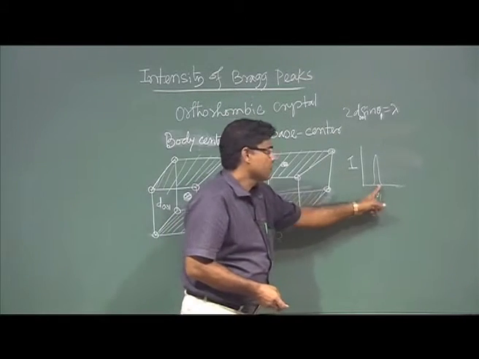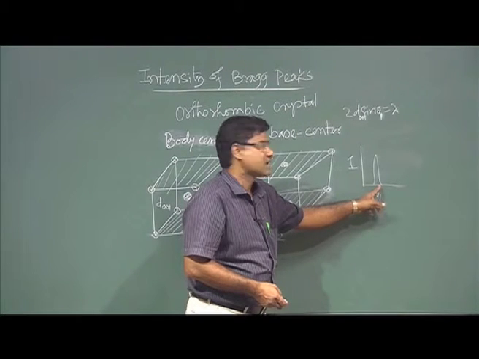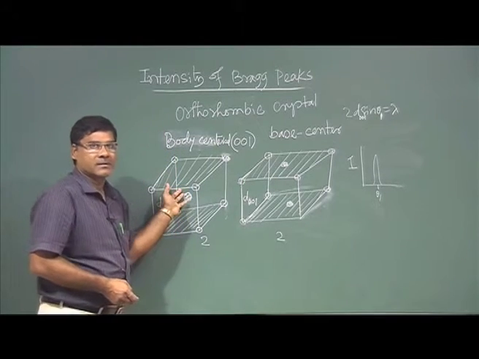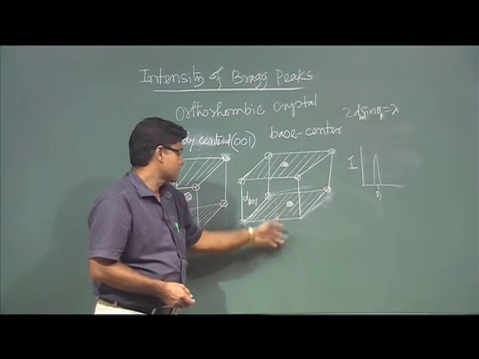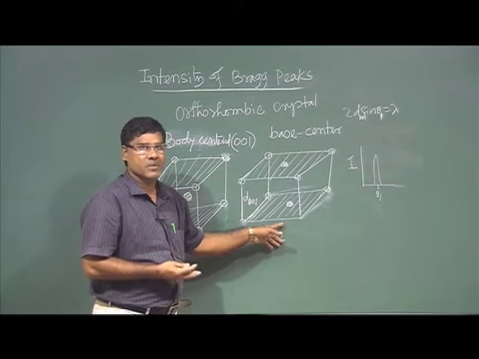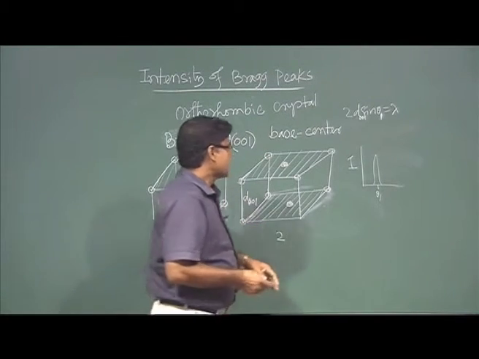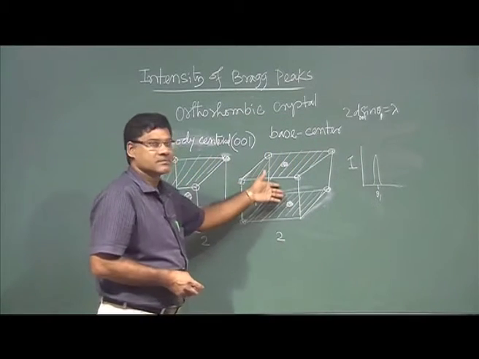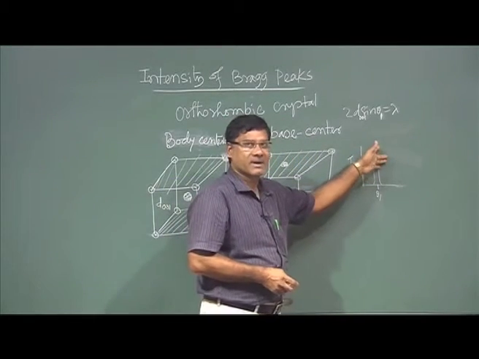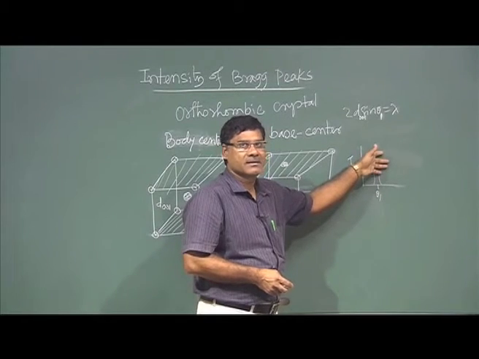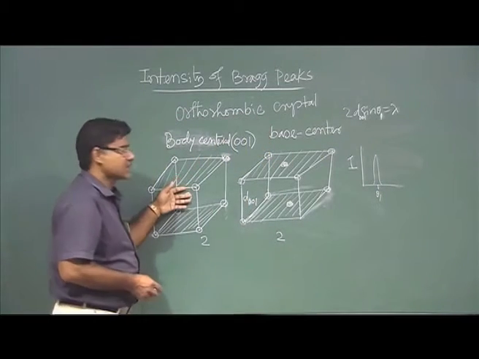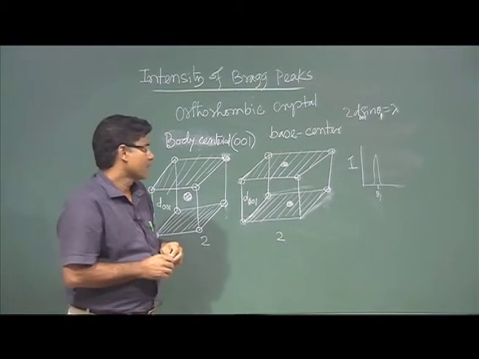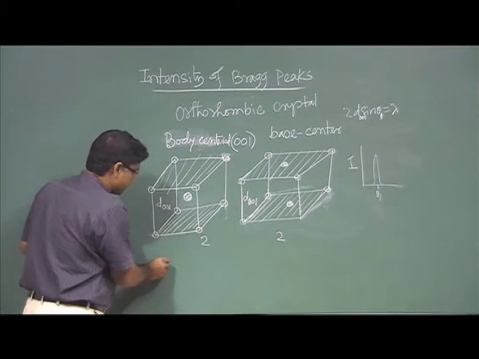At this angle, what happens to the intensity, although both have these 2 atoms or 2 lattice points? Interestingly, in one case you will get a Bragg peak with high intensity, and in the other case, for the body centered, the intensity is 0.